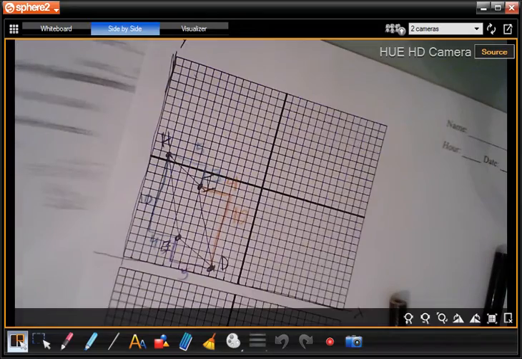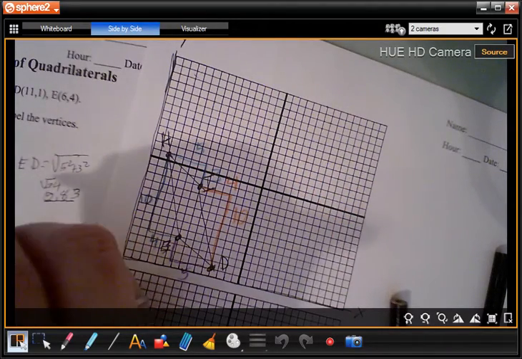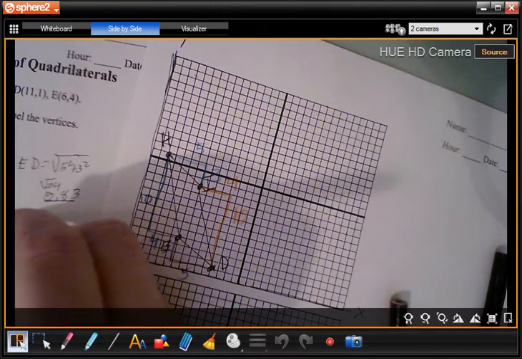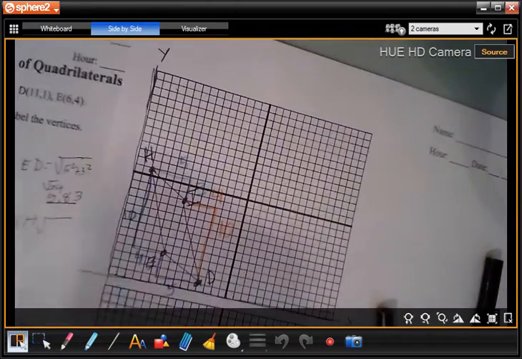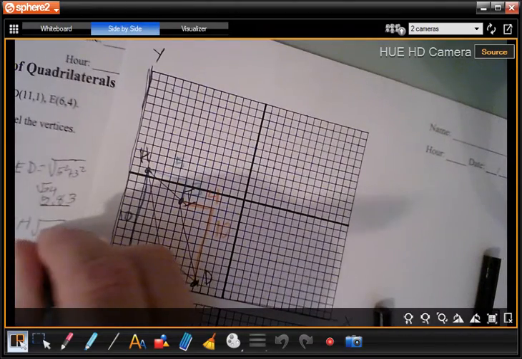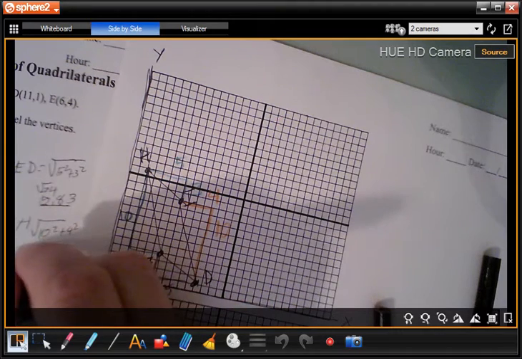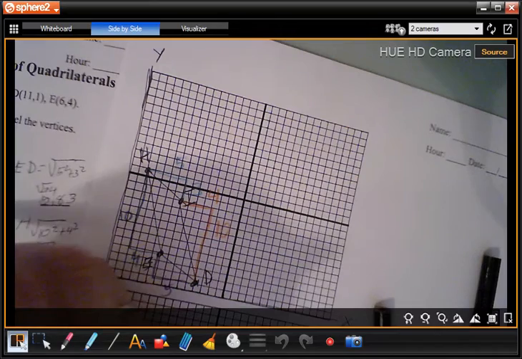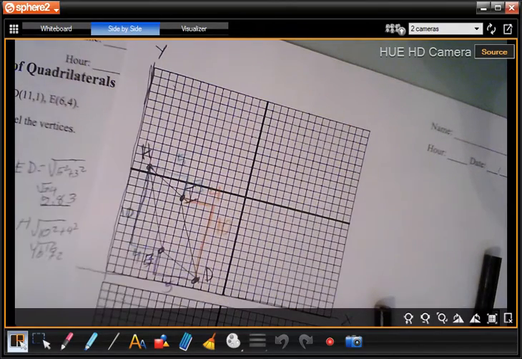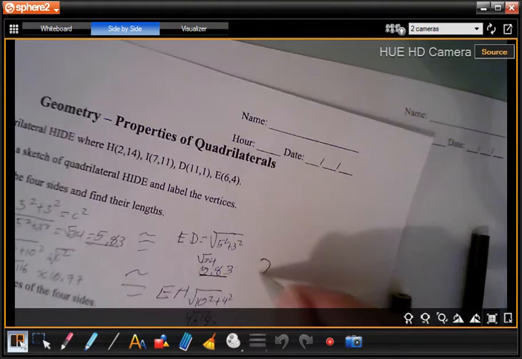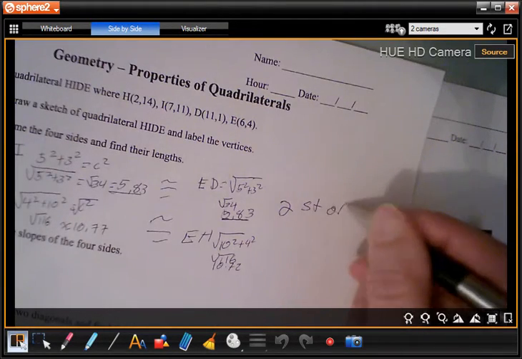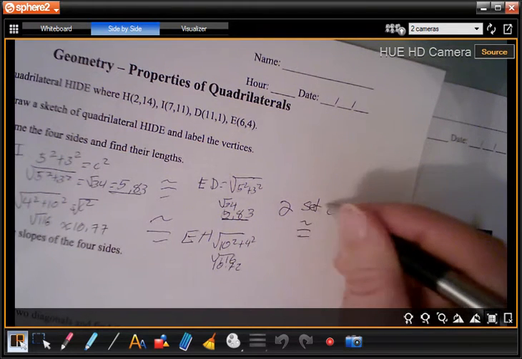When I do that, I'm going to get E to H. Gives us, again, 10 squared plus 4 squared, which gives us a square root of 116, or 10.77. Notice these two are congruent. So right here, I've got two sets of congruent sides.